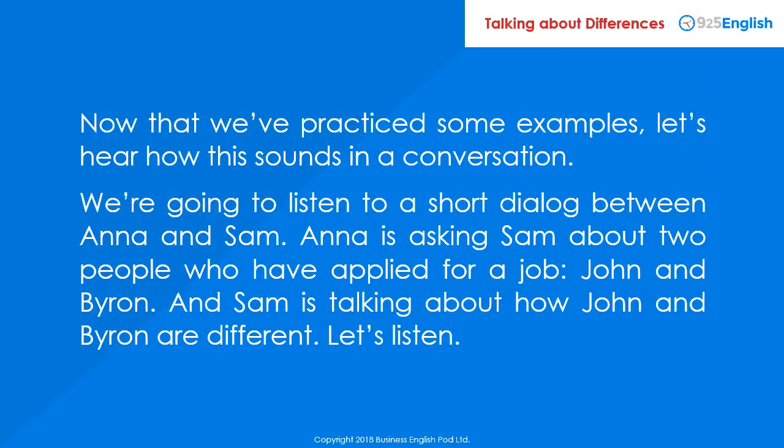Now that we've practiced some examples, let's hear how this sounds in a conversation. We're going to listen to a short dialogue between Anna and Sam. Anna is asking Sam about two people who have applied for a job, John and Byron. And Sam is talking about how John and Byron are different. Let's listen.